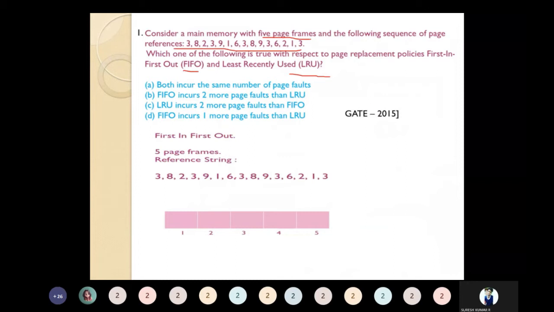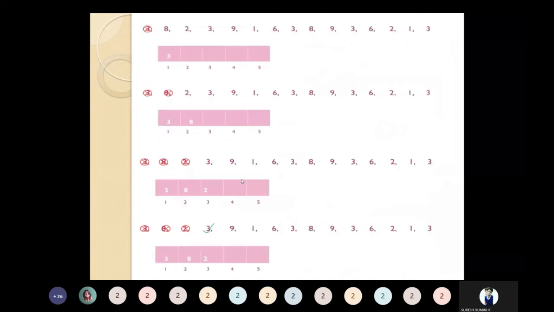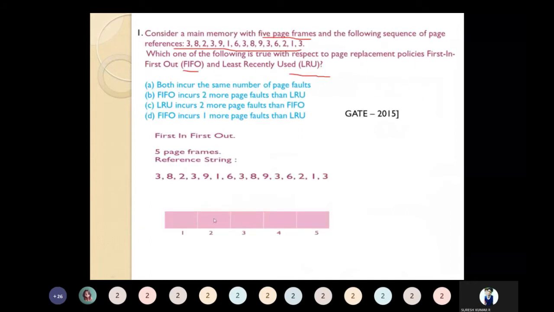These are the page references. There are 5 frames or 5 slots, since in the question they gave 5 slots. Initially all the slots are empty, so I put empty slots with no page fault.